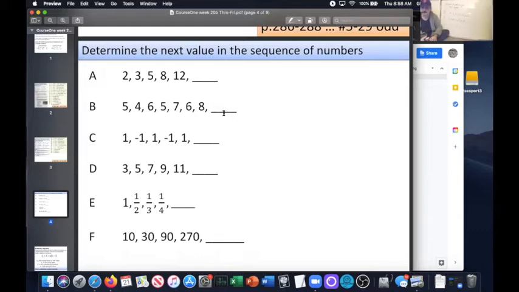Because every odd number is 1 less than the number before. I mean, every even number is. Okay. Now there's a couple odds and evens here, so I'm not quite sure what you meant, but you did get it correct. Notice it goes -1, +2, -1, +2, -1, +2, -1.